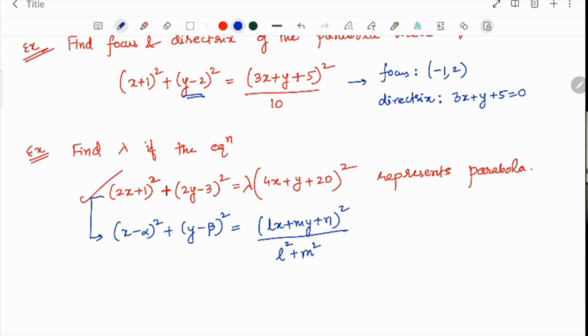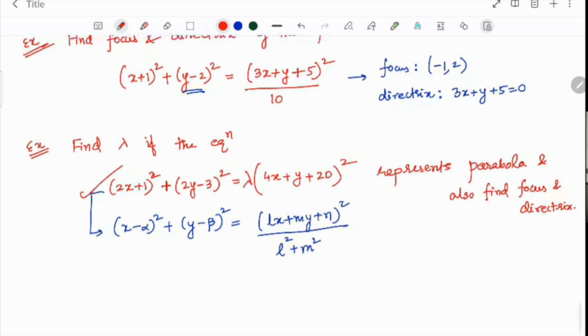Okay. One more question. Also find focus and directrix. What is the focus? Here, focus must be easy.